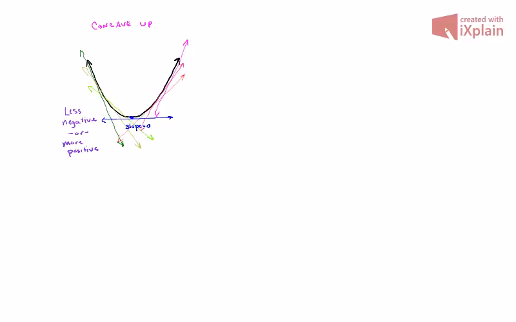So since they are increasing in steepness going from left to right, in other words they're pointing upwards, we again are seeing a situation where the slopes are becoming less negative, or in other words, more positive.